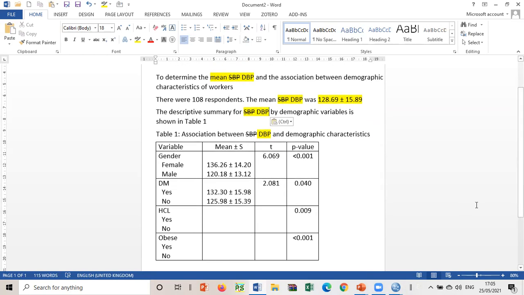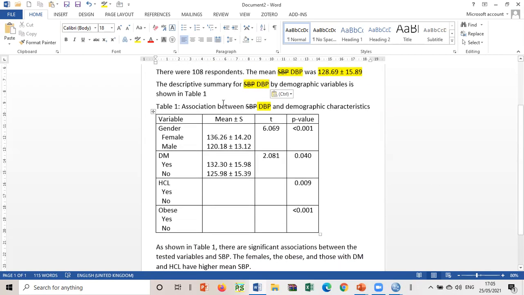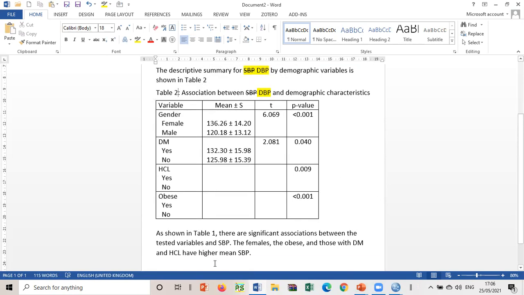Right. Do the same thing, just change to DBP. Okay, table 2. And draw the conclusion.